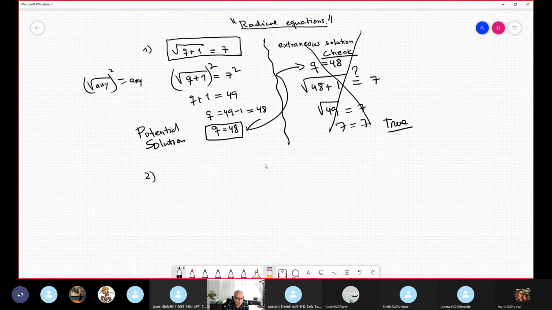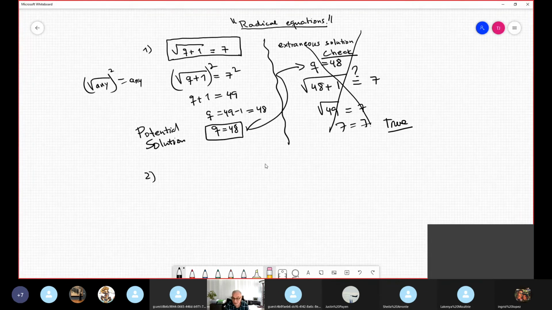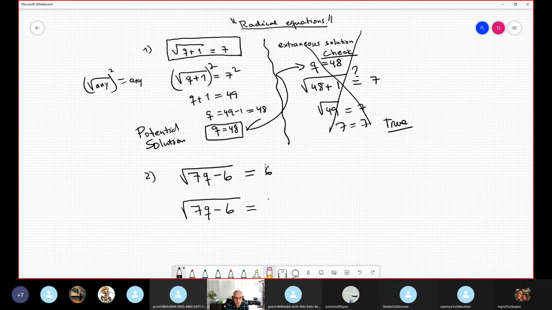Let's do number 2. Number 2 is similar, because it's easy, because it contains only one radical. The square root of 7 cubed minus 6 equals 6. Okay, I copy again. I never touch the original, waiting for the checking moment. Square both sides.